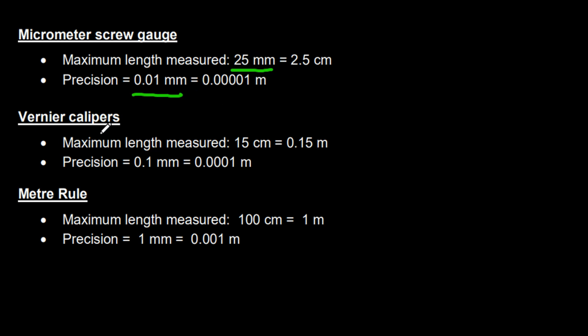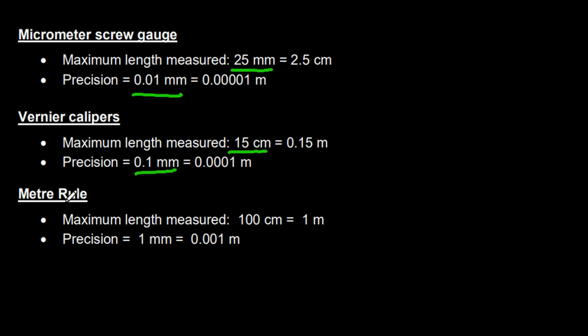Then the second instrument is the vernier calipers. The maximum length that it can measure is 15 centimeters or 0.15 meter. This you also have to memorize. And the precision is 0.1 millimeter.